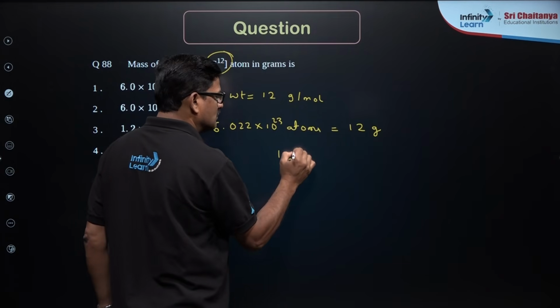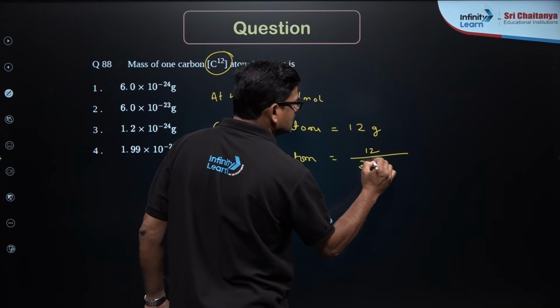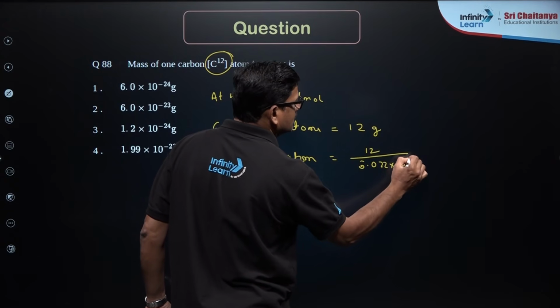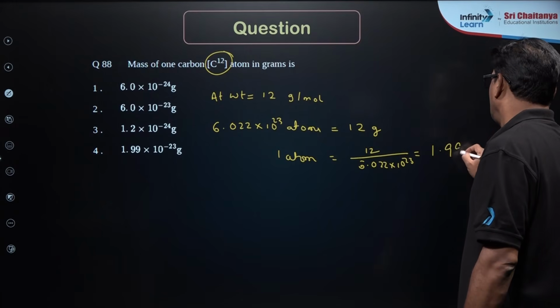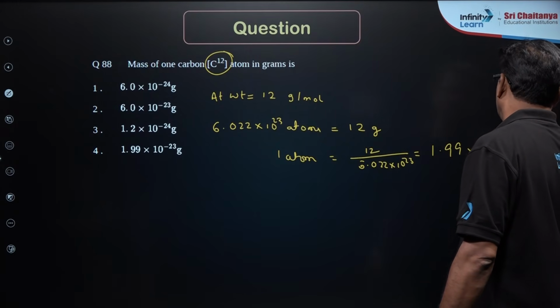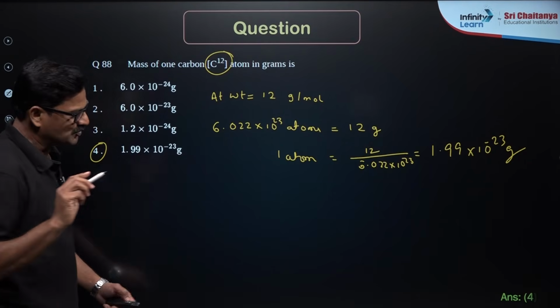One atom is equal to 12 divided by 6.022 into 10 raised 23, which is coming to be 1.99 into 10 raised negative 23 grams. Option 4 is the correct answer for this question.